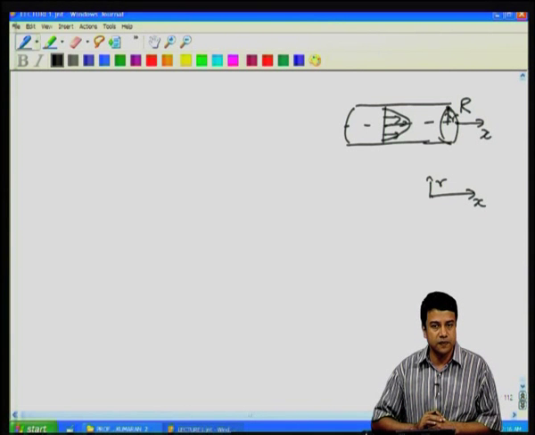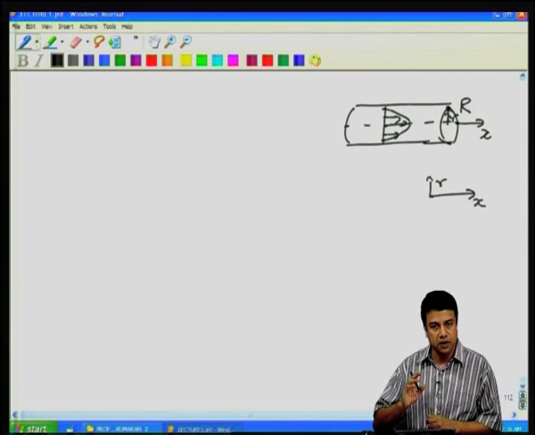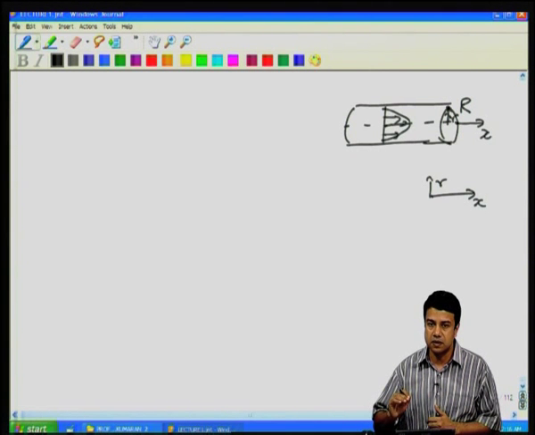If we assume that the flow is axisymmetric, there is no variation with phi. There is a variation only with r and x. If the flow is unidirectional, there is a velocity only in the x direction, no velocity in the r direction.